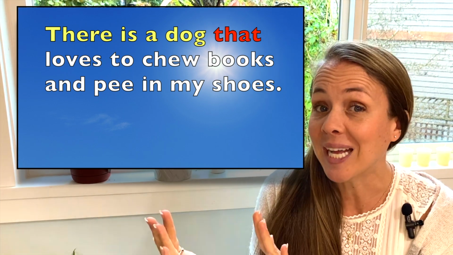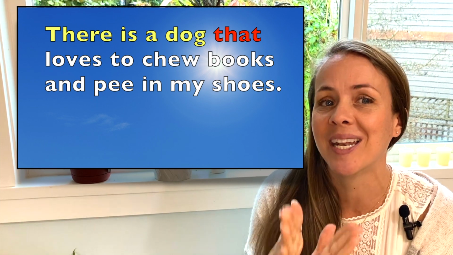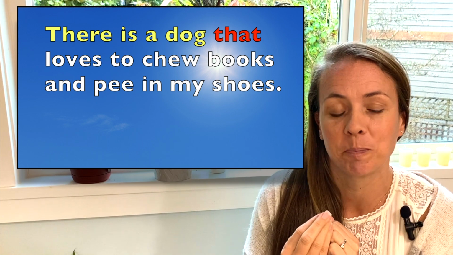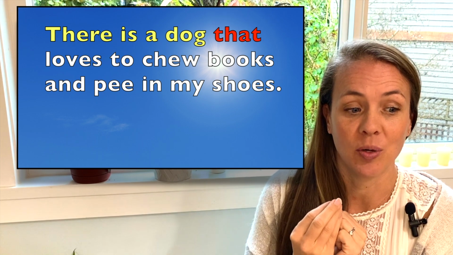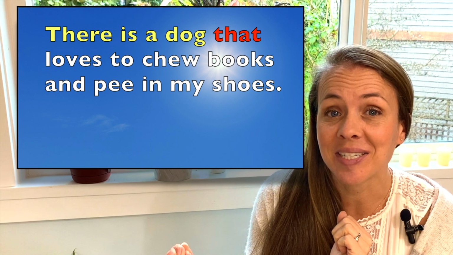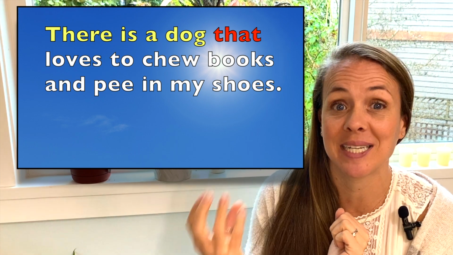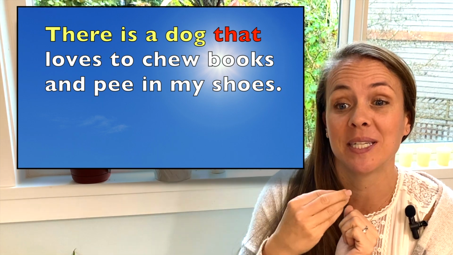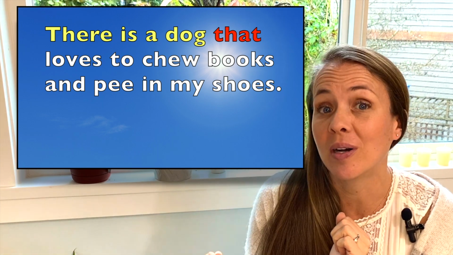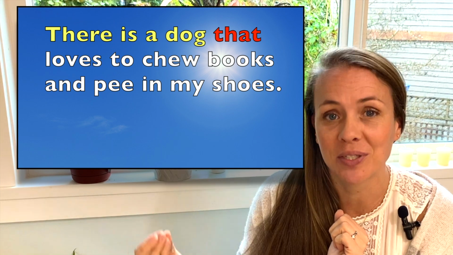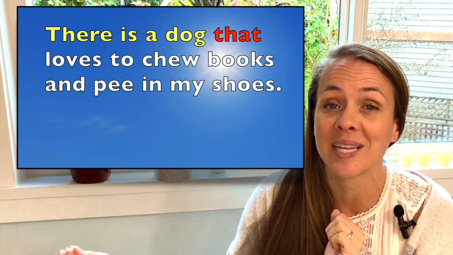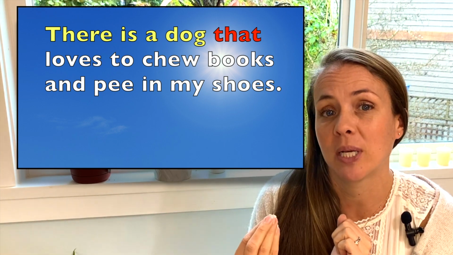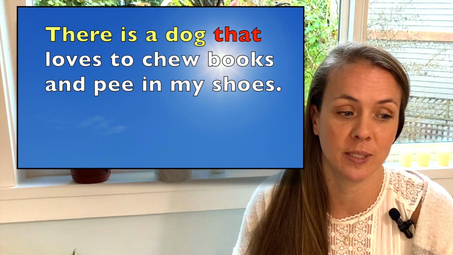And that is the word that connects the clause to the main clause. So that is acting as the subject. So that is replacing the dog. The dog is that loves to chew books and pee in my shoe. So it's got one subject and it has two verbs.